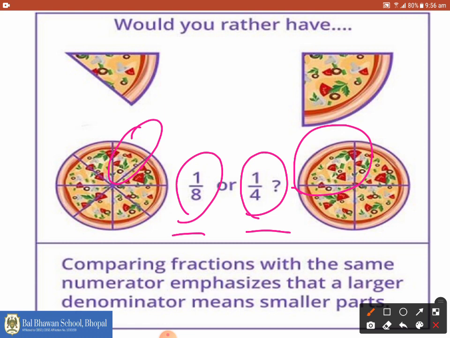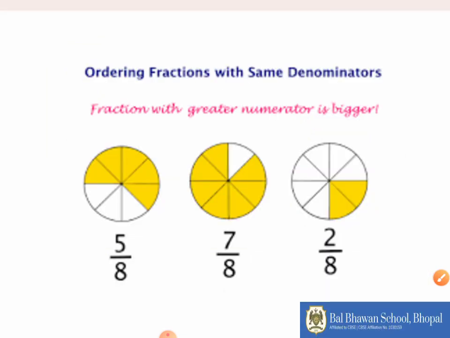So while comparing 1 by 8 and 1 by 4, we can easily identify that 1 by 8 is less than 1 by 4. It means having 1 part of the pizza out of 8 parts will be a bad idea, and having 1 part out of 4 equal parts will be a better idea because it will give you more part of the pizza.